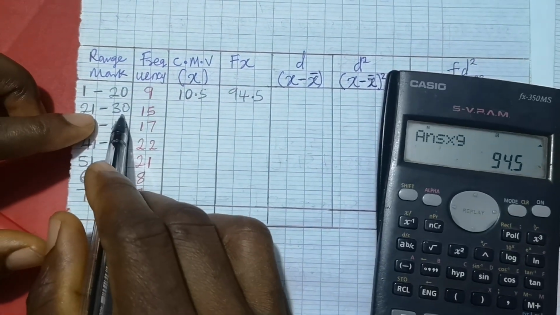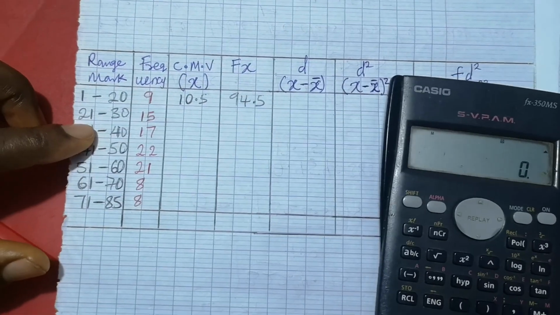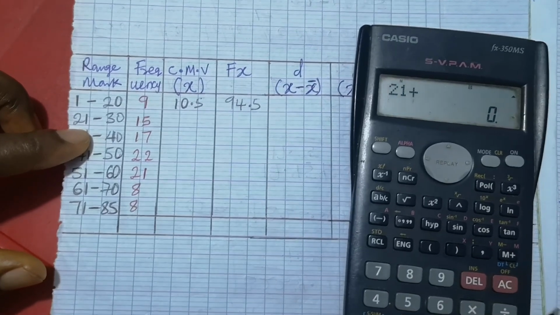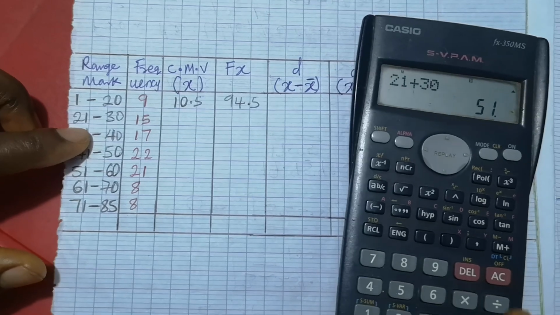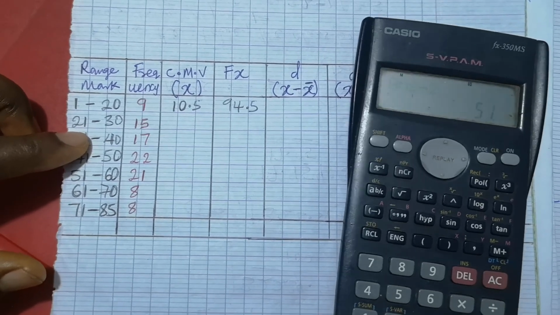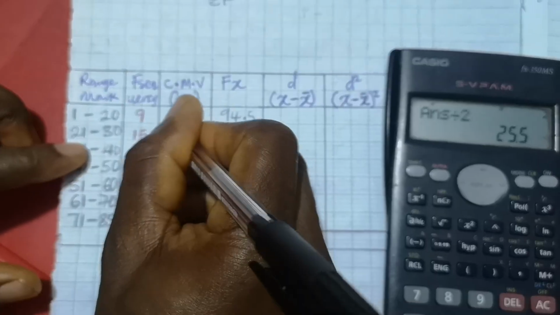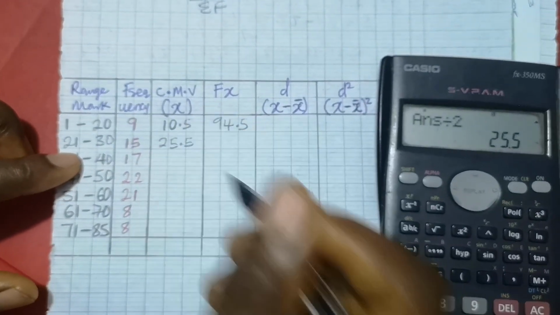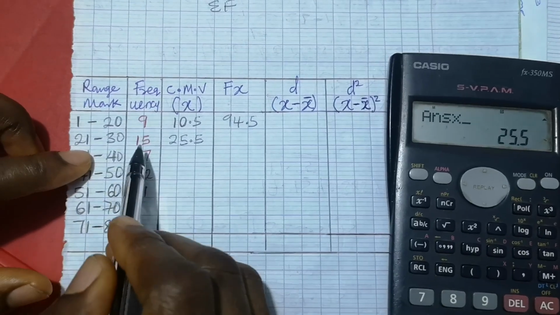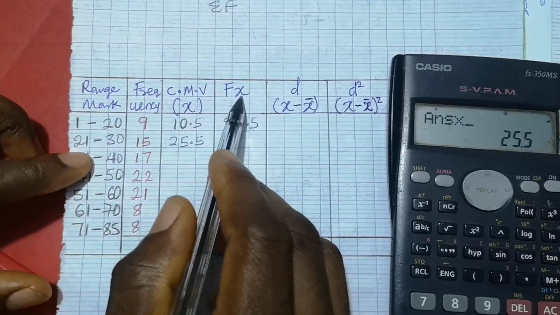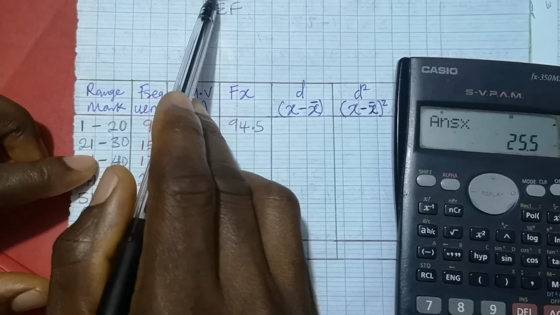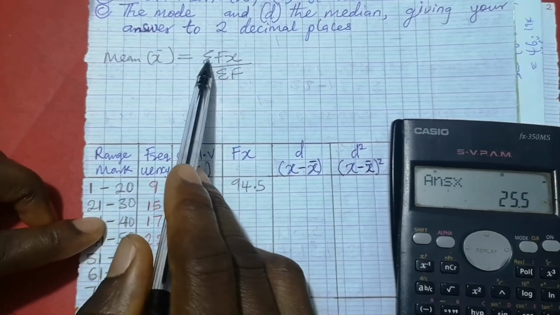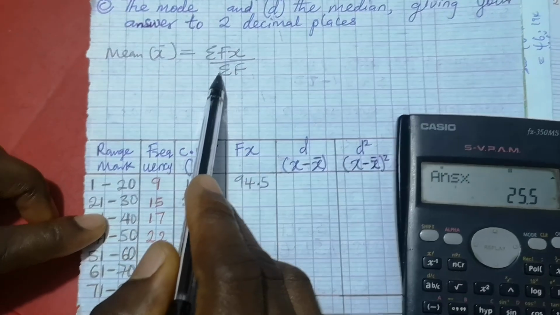Then for this one, we have 21 plus 30 divided by 2, which is 25.5. Then times the frequency to get fx, because our formula says sigma fx all over sigma f, the summation of fx all over the summation of f.